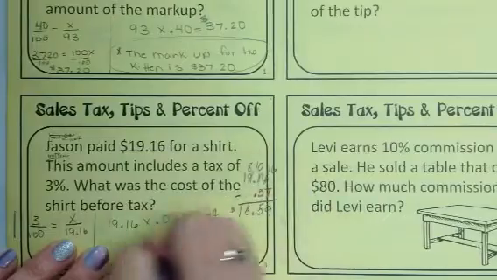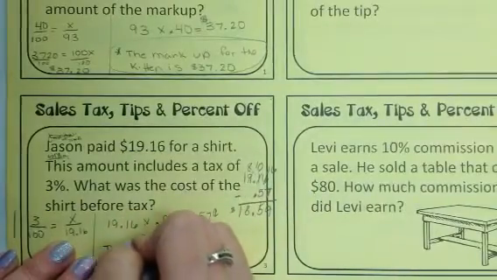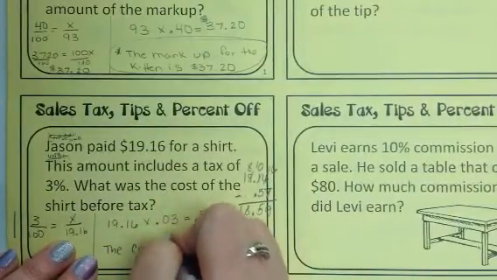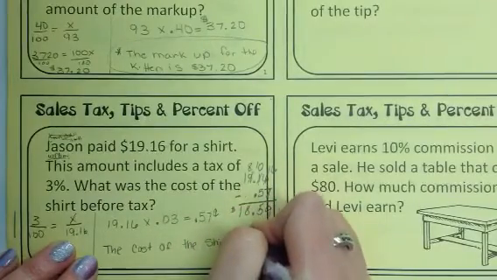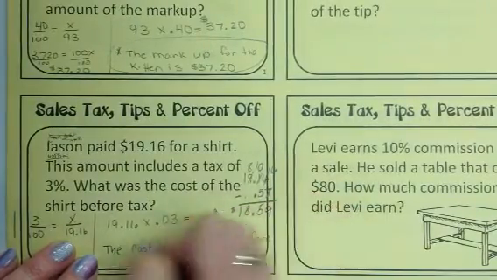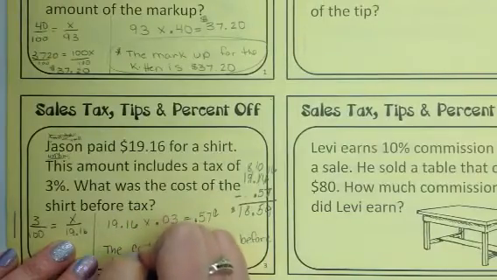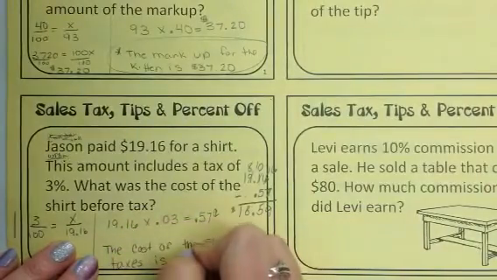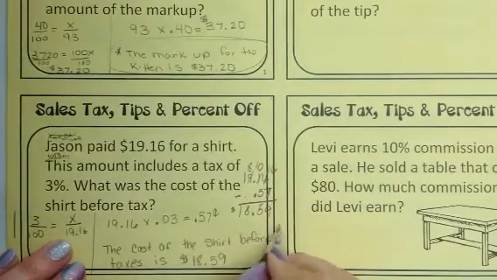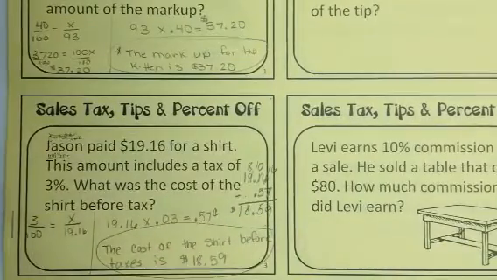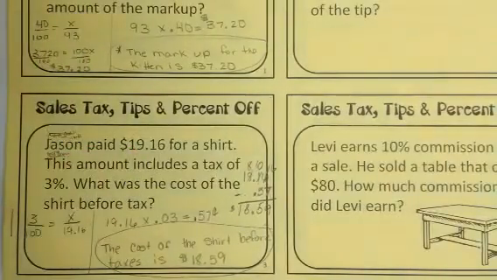So the cost of the shirt before taxes is $18.59.